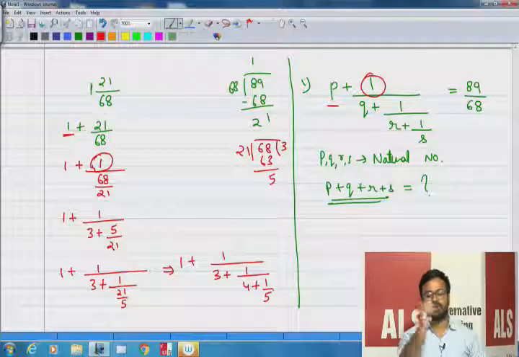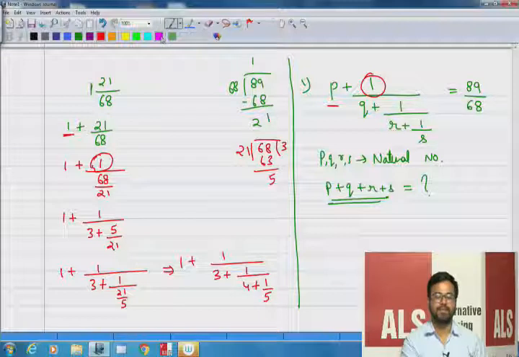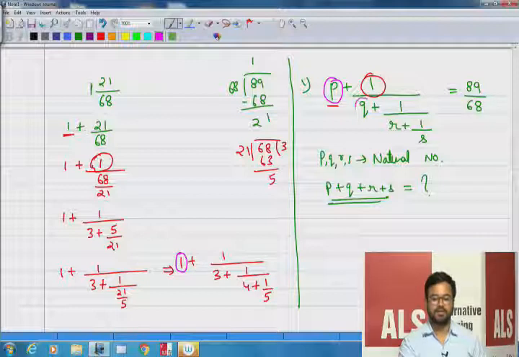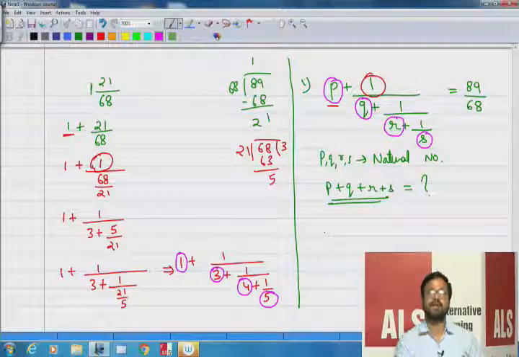So we have split this 89 by 68 into this form, and this form is exactly equivalent to the left hand side. Now you can compare all the values. This P is equivalent to this 1, this Q is equivalent to this 3, this R is equivalent to this 4, and this S is equivalent to this 5. So these are all the four values we are getting.